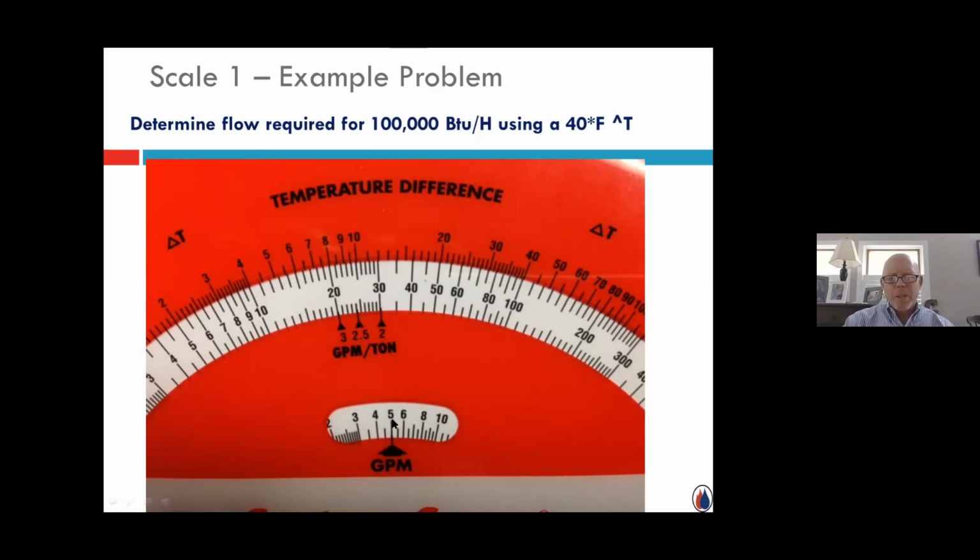So right off the bat, you're seeing there's an inverse relationship when you have a given load and you start to increase or decrease the delta T. You'll increase or decrease the flow rate, which means it could change the size of the circulator, the size of the piping, the pressure drop, and the energy required to move it. So there are different design criteria you can start to implement, and this wheel is very helpful in letting you analyze back and forth.